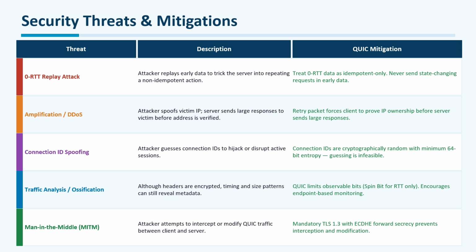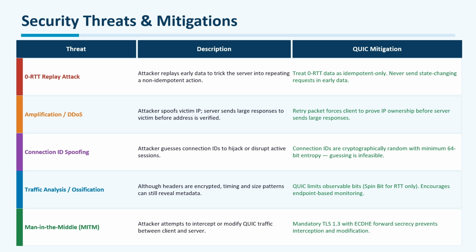Another issue is denial of service and amplification risks, especially during early connection setup before the client address is validated. QUIC addresses this with an anti-amplification limit and address validation logic. A third issue is that it reduces the visibility of network monitoring because encryption hides most of the protocol from passive observers. That improves privacy, but it can also complicate traffic analysis and policy enforcement.